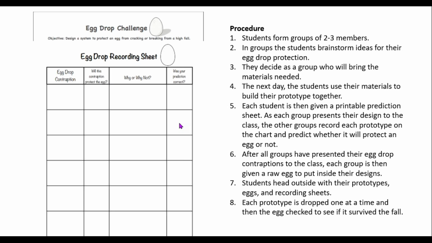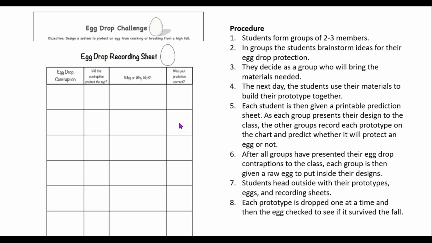So in here, if you look closely at the procedure, the students are carrying out the scientific method steps. They have already hypothesized on the prototype, and now they are going to do a prediction. Then number 6, after all groups have presented their egg drop contraptions to the class, each group is given a raw egg to put inside the design.